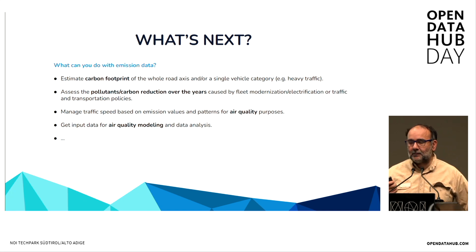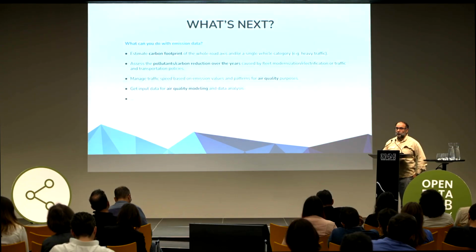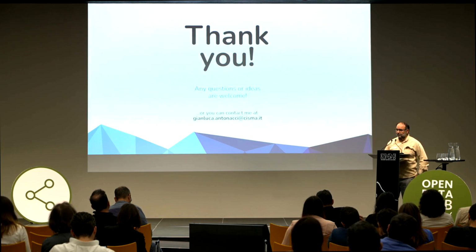This is important because we need to create indicators in order to understand if policies are running well, or if they have to be modified. And last example, get input for air quality modeling, which in the future could be a useful tool in order to do good planning for traffic management. And that's all.